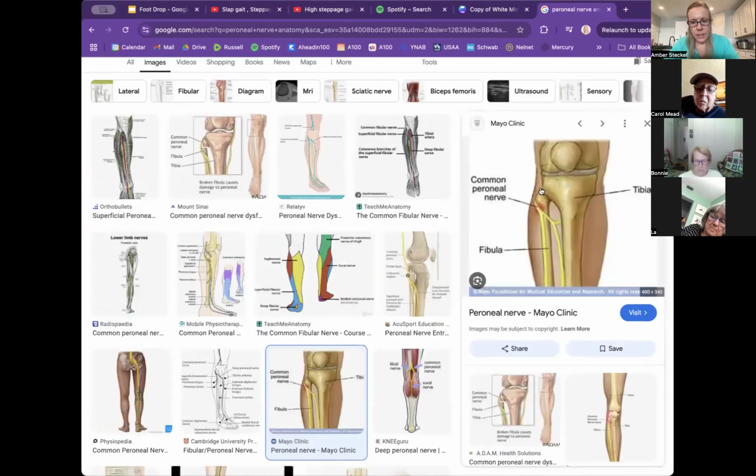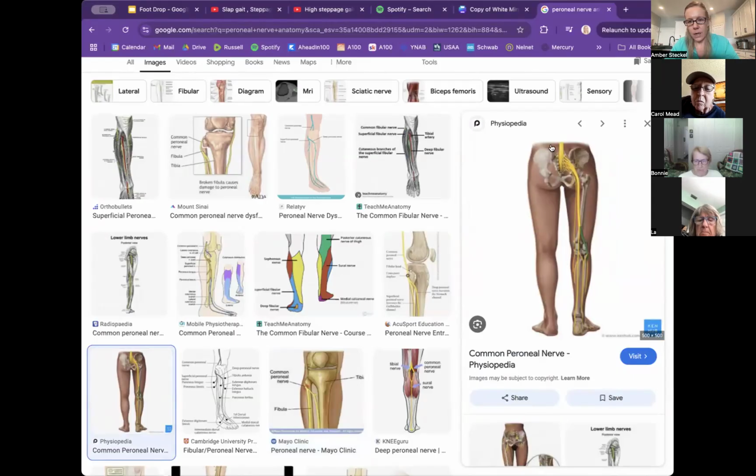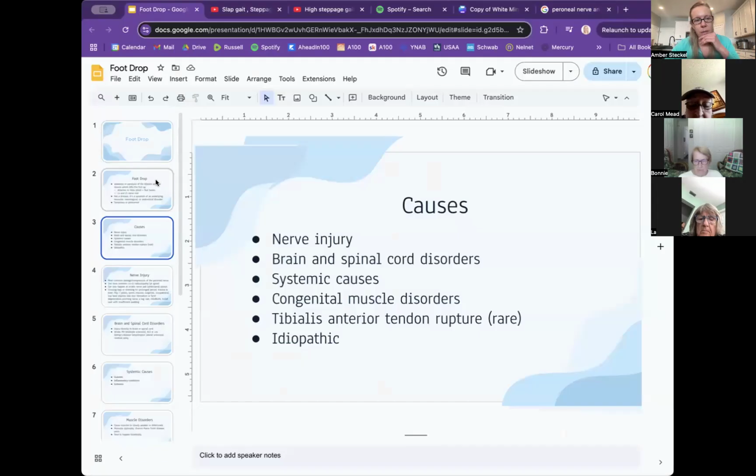So you can see this is the top of where it innervates the muscle. So anything pressing on the lateral side of your shin like that. But again, you can see it comes down from the spinal cord. So I just want you guys to have that visual in your brain.